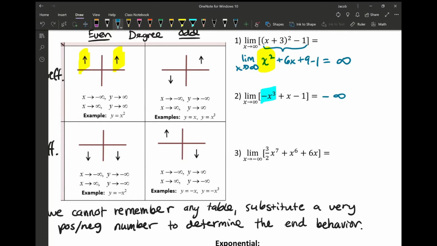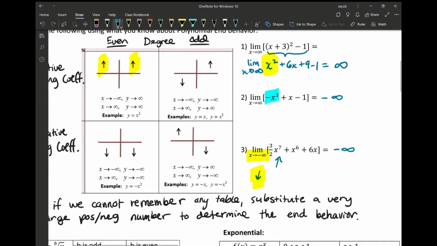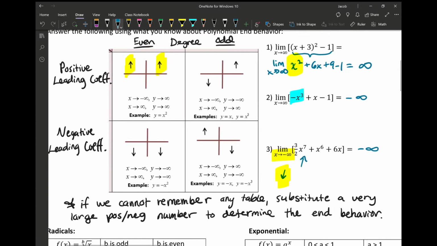So my polynomial, I know there are more curves in it than that, but I know that the right side behavior is going to go towards positive infinity in y, and the left side behavior is going to go towards negative infinity in y. So what's happening as x approaches negative infinity? That's going towards the y values that are approaching negative infinity. So I'm just making sure I'm following the end behavior.